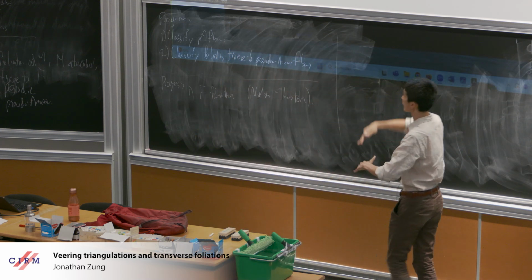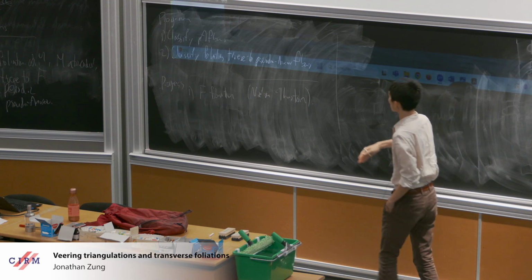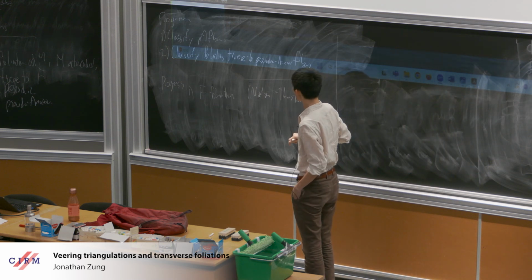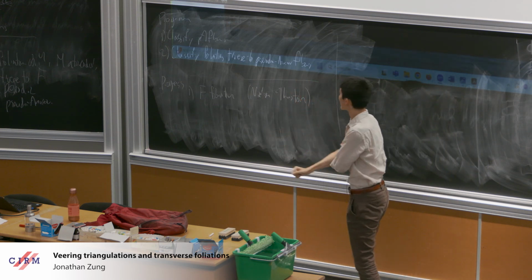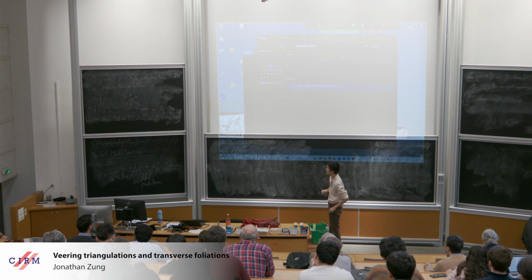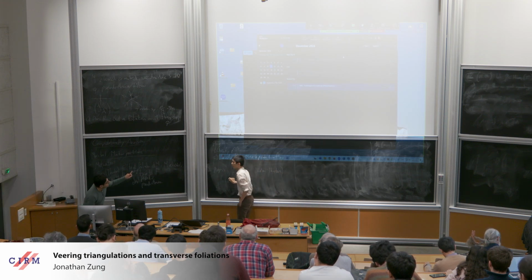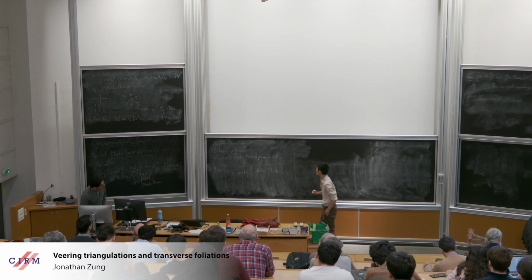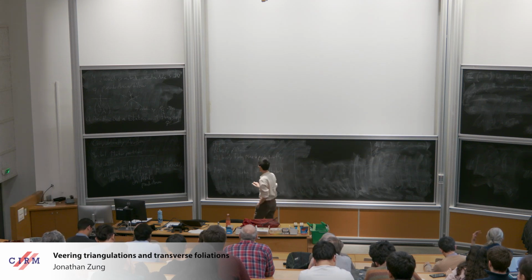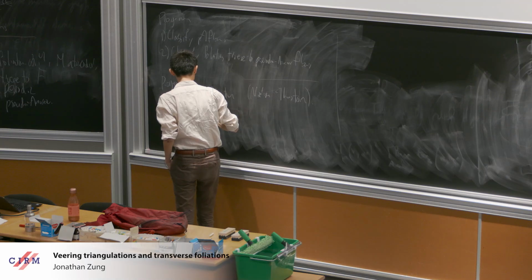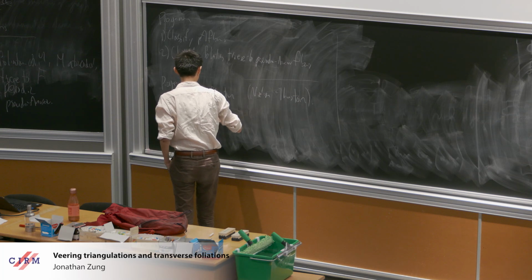Given a fibration of a 3-manifold, there exists a flow that's transverse to it, and that flow is either periodic or pseudo-Anosov. Thurston proved this for a more general class of uniform foliations.